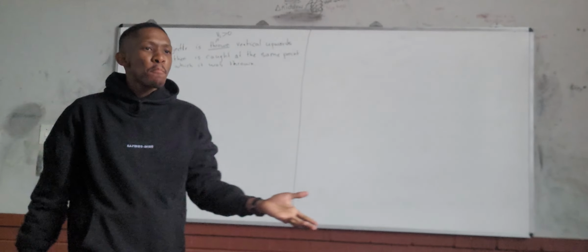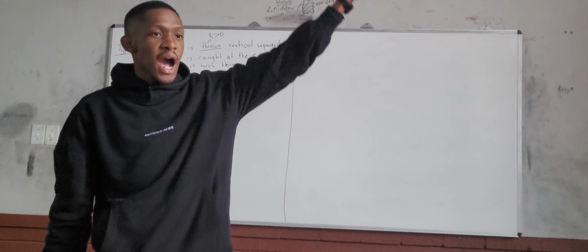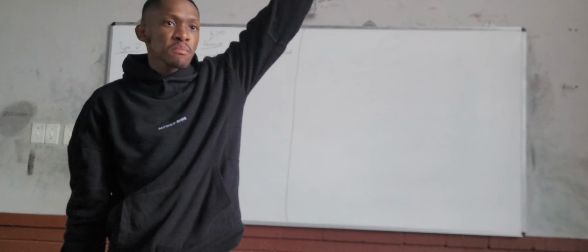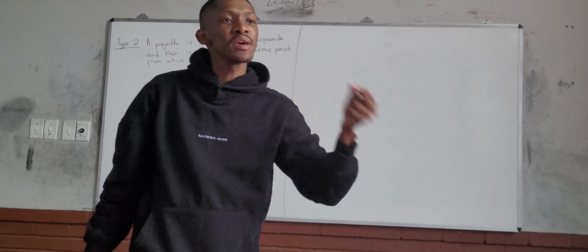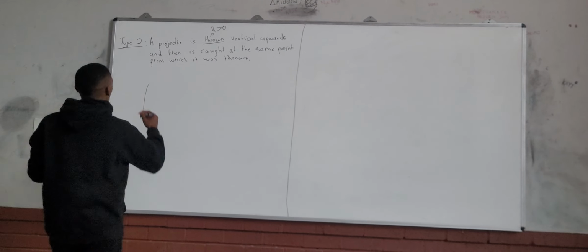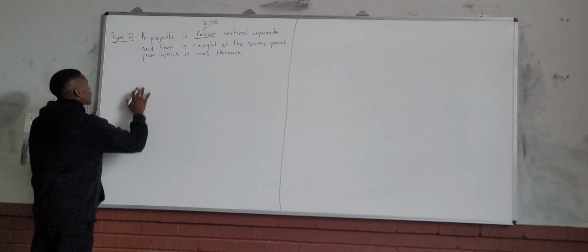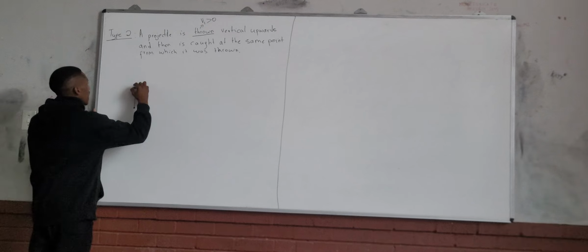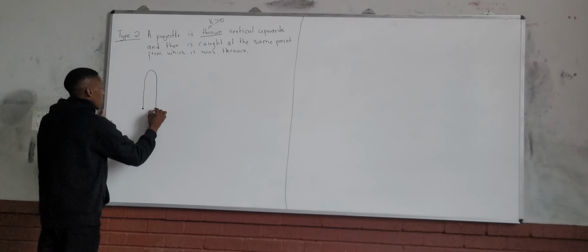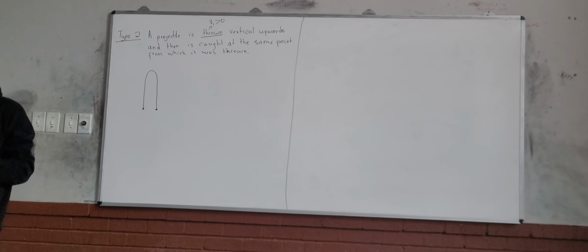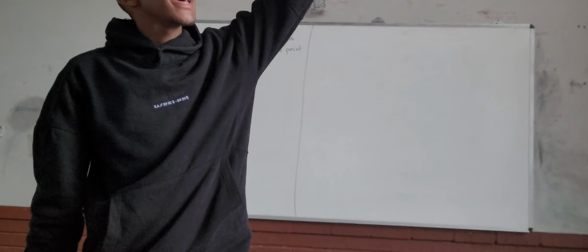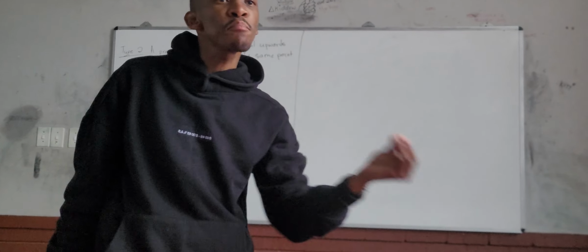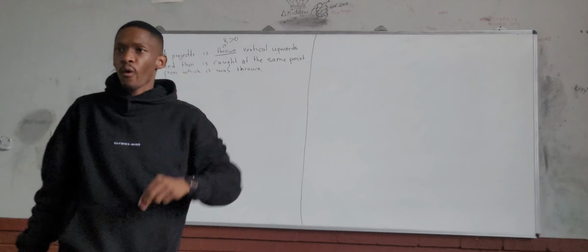It says my projectile went up and then it came back, and it was caught at the same point from which it was thrown. So if this is the motion, a trajectory will show us the motion of the projectile: that it was thrown vertically upwards and then caught at the same point that it was thrown.